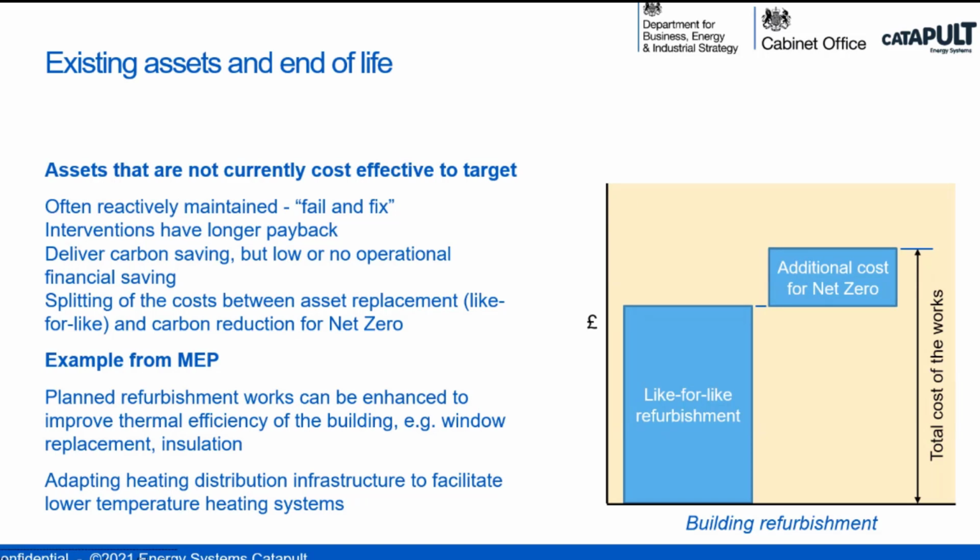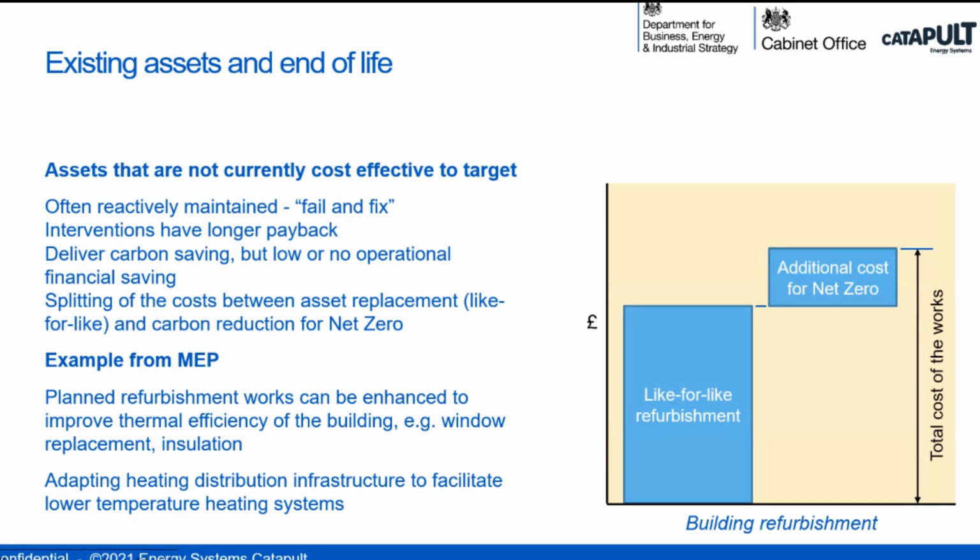So we found very often on the MEP program that the management and the maintenance of equipment was very often on a fail and fix basis. It was reactive, something failed, it was fixed, rather than being done on a more proactive basis.